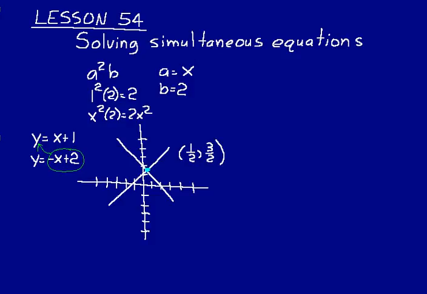Since we're solving these things together and we're trying to find where they intersect, we have to find out how they relate. And so we have to say that y is equal to each other when they intersect, which it is, right? The place where they intersect, y is equal for both of them. And so now we can substitute that in, and I'll just say minus x plus 2 is equal to x plus 1. And we can solve that for x.